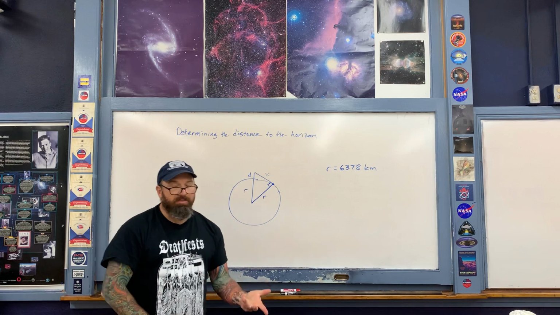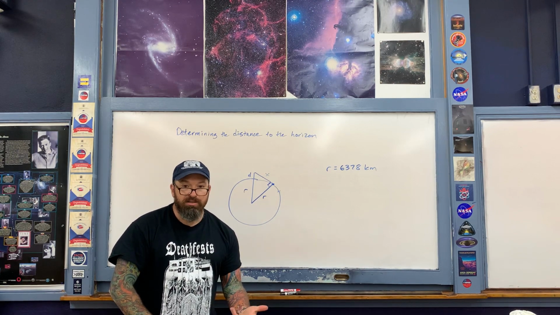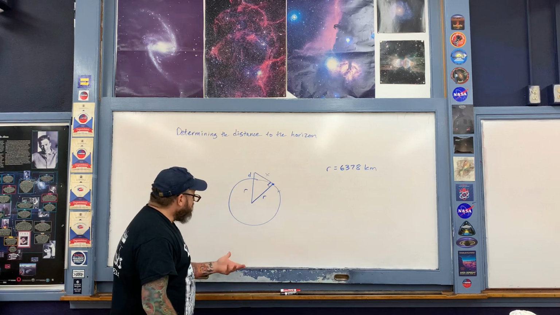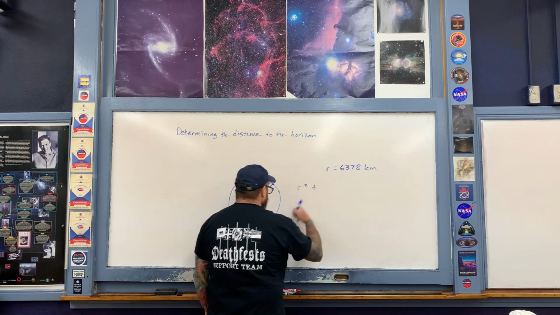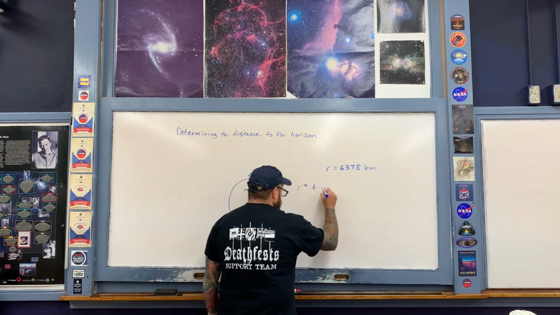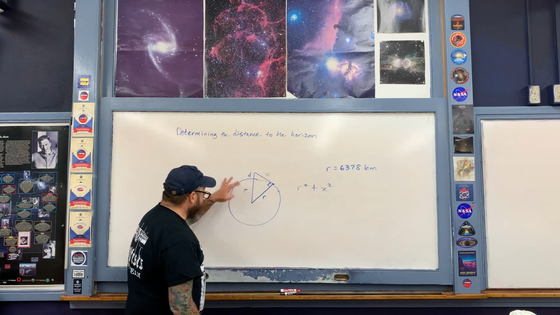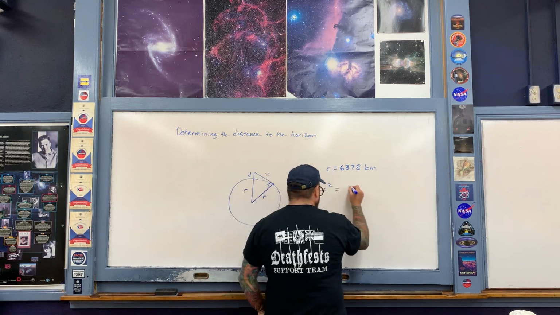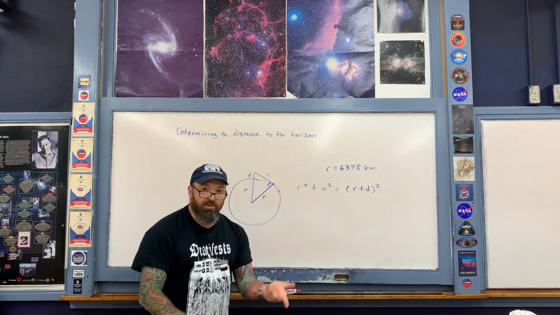And now we just use a little bit of Pythagorean theorem here, where the unknown in this calculation is x. Okay, so setting up Pythagorean theorem, we first of all have r squared plus x squared. And this then equals the hypotenuse squared. The hypotenuse is the sum of r and d, like so. And now we just solve for x.